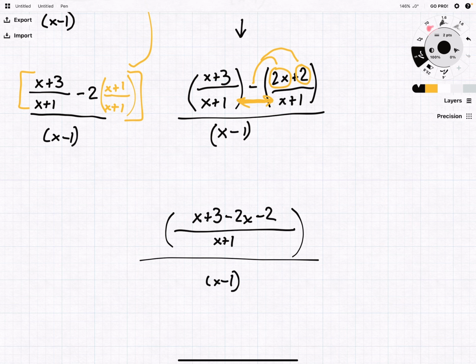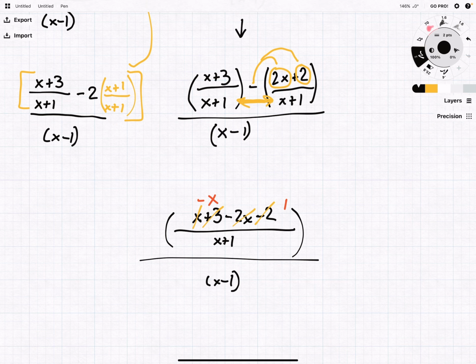So here we go. We have a positive 3 and a negative 2. So that's going to give us a positive 1. And we have an x and a minus 2x. So that's going to give us a negative x.